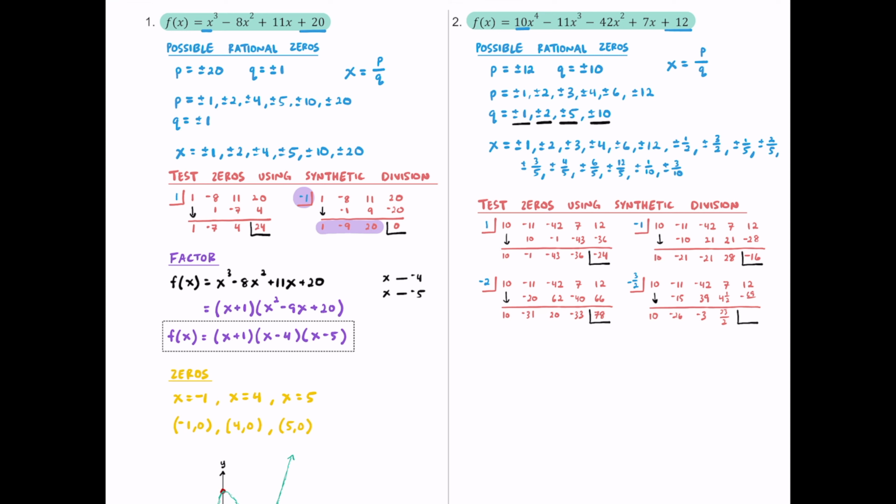Interesting, so we have 12. 12 is 48 fourths. 48 fourths, take away 69 fourths. That should be negative 21 fourths. Negative 21 over 4, which is the same thing as negative 5.25, right?